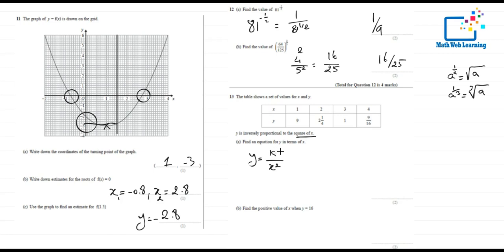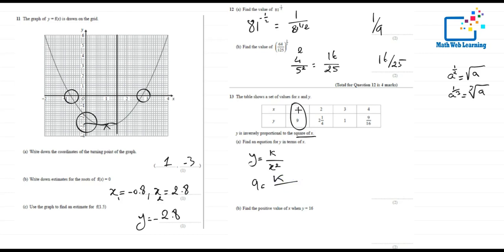Where do I get the value of k? You get it from the table here. Which one? Any one, but use the easiest one. I'm going to use that one. Nice and easy, a whole number rather than dealing with this.